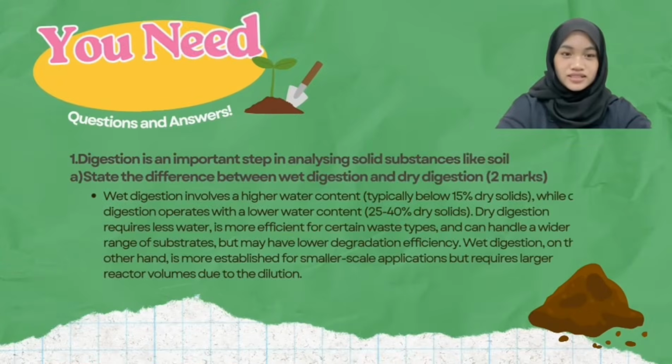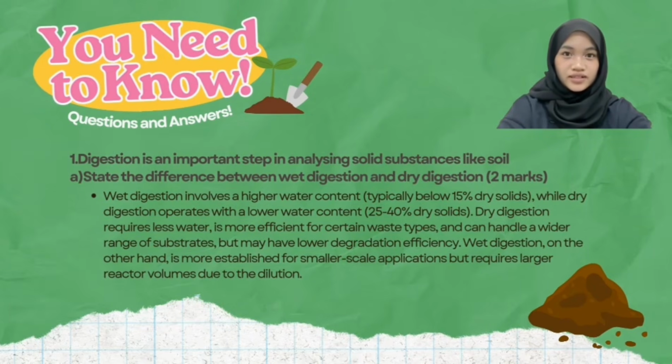So, here are some questions that you guys might be wondering about. Digestion is an important step in analyzing solid substances like soil. But what is the difference between wet digestion and dry digestion? Wet digestion involves a high water content, while dry digestion operates with a lower water content.